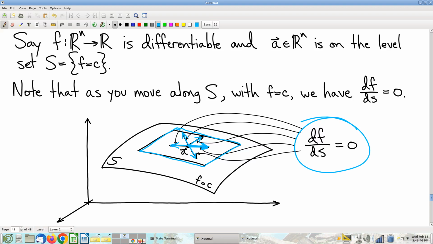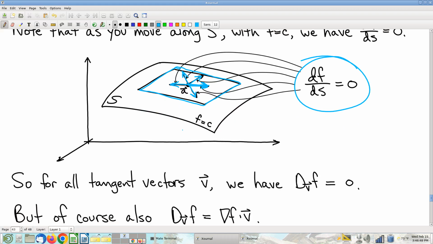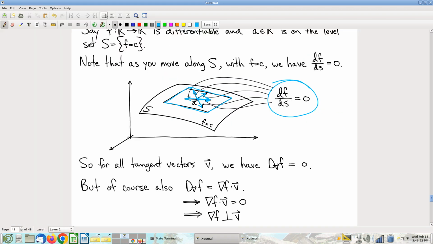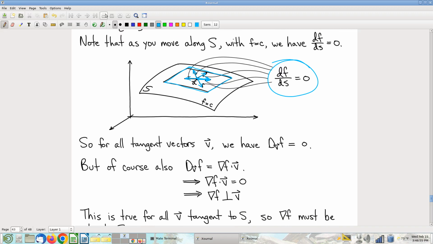Okay, so what this buys us is, if you think about it, dfds is one of our interpretations of the directional derivative. The directional derivative is computed with a dot product. So if I say that dfds is 0, I'm really also saying that this dot product is 0.